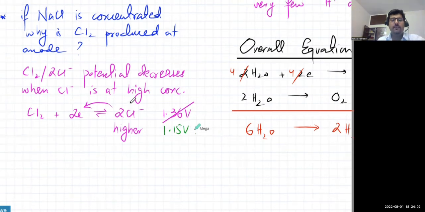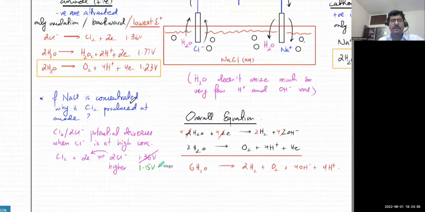So now, who's got the lowest potential? Like if I change the potential of the Cl2 electrode, instead of 1.36 at a higher concentration, it's 1.15. So who's the lower potential now? It's the Cl minus 1 that becomes a lower potential.